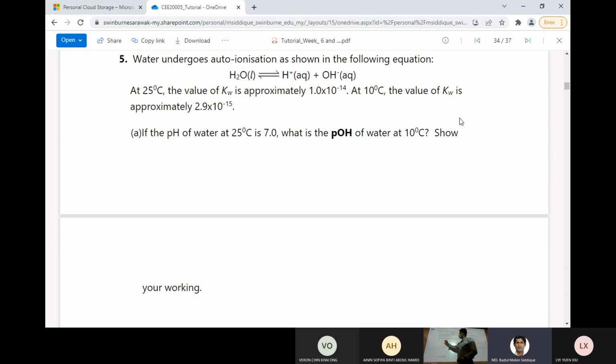So this information is not exactly necessary for this part, because I already have this. At 10 degrees centigrade, the Kw approximately is this, right? If the Kw is approximately 2.9 times 10 to the negative 15, how can I find the hydrogen ion or hydroxyl ion concentration?